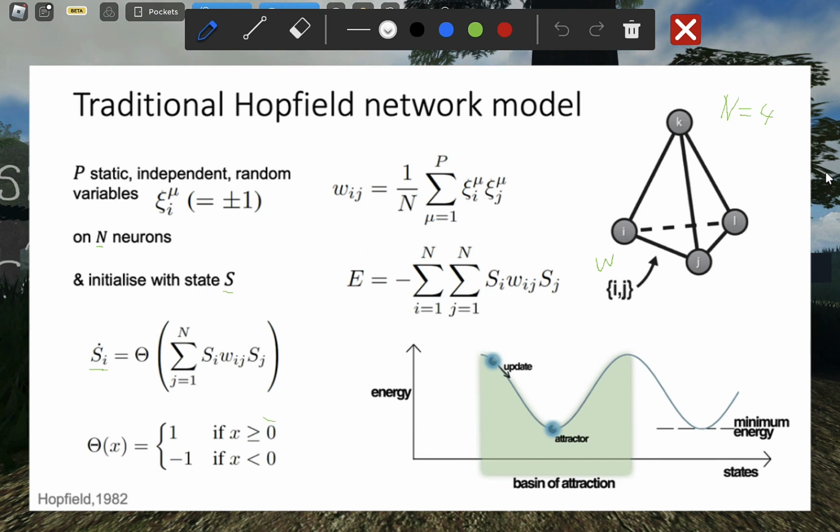The answer is you come up with it through the energy function, in a technical sense. Intuitively, it's like a Hebbian kind of learning system, where we count the patterns mu from 1 to P, where P is the total number of patterns, and see how many patterns neurons i and j have in common.